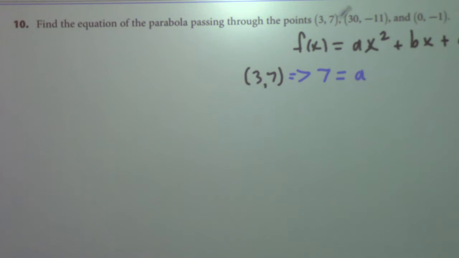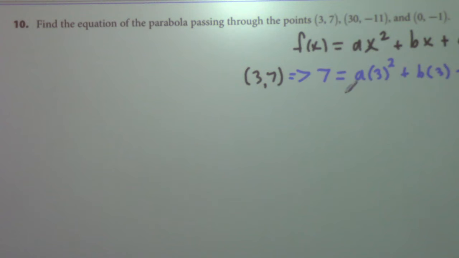And so what is x going to be for this first point? 3, right? So we put in 3 in the place of x squared plus b, and again we put in 3 in the place of x, and then we have finally plus c.